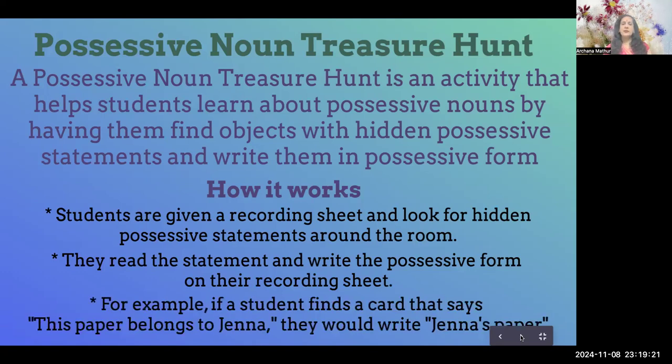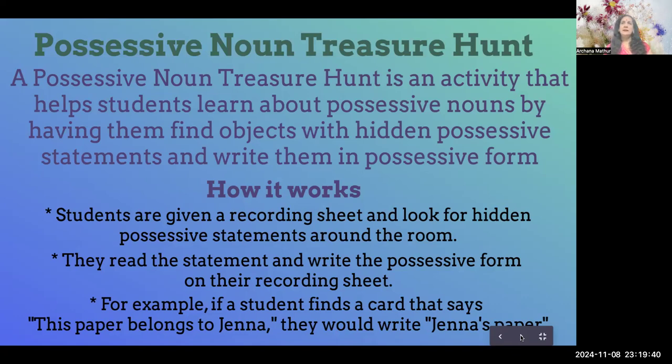For example, if a student finds a card which says, this paper belongs to Jenna, they should write Jenna's paper. Then they get a card on which it is written, this car belongs to Rohit. So what do they write? Rohit's car. Okay.